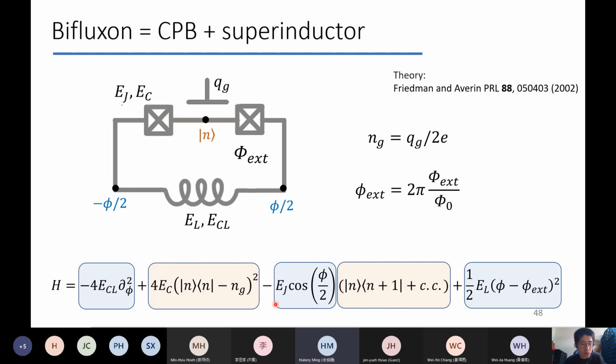I think you already reduced it. So this is the ideal circuit Hamiltonian. So this is where this line comes in. And if we have asymmetric EJ, let's see.